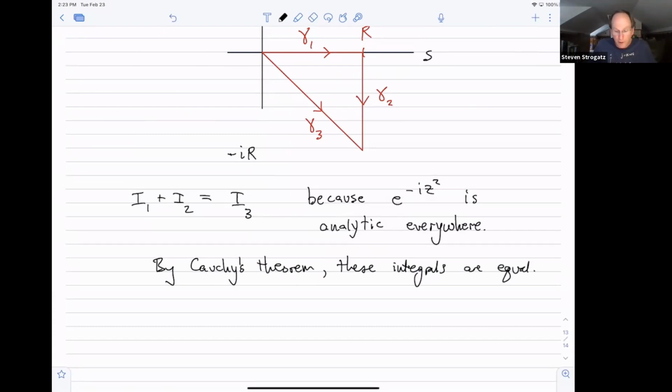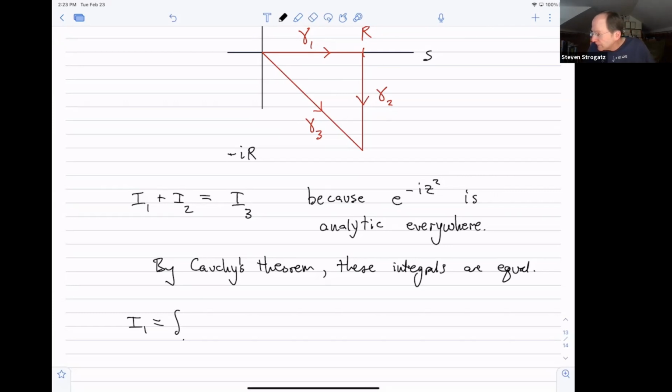Or if you prefer, you could say go around the closed triangle till you come back to the origin. That integral will be 0. It's equivalent to saying what I just said. So what's the point? I1 is the integral we were interested in. I'm going to take the limit of capital R going to infinity.